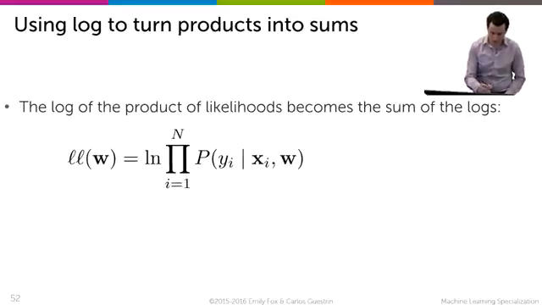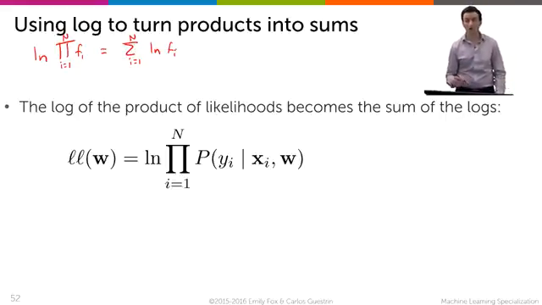So the key here is that the log of the sum is the sum of the logs that we discussed. And in our case, if you have the log of the product of i equals 1 through n of some function, let's call it f_i, then that is equal to the sum over i equals 1 through n of the log of f_i.